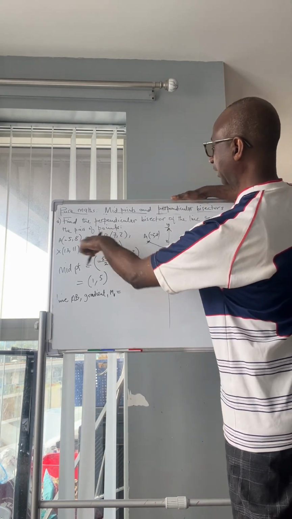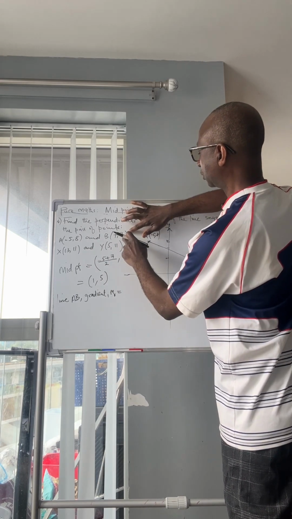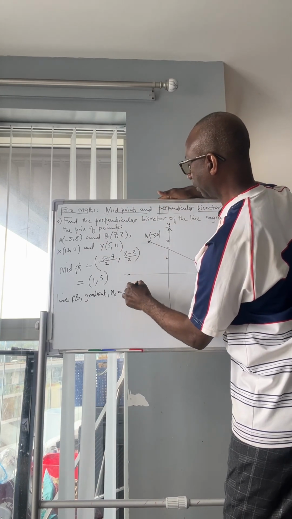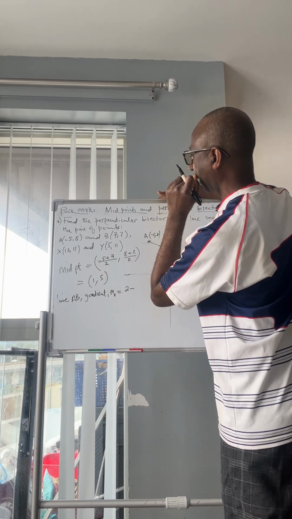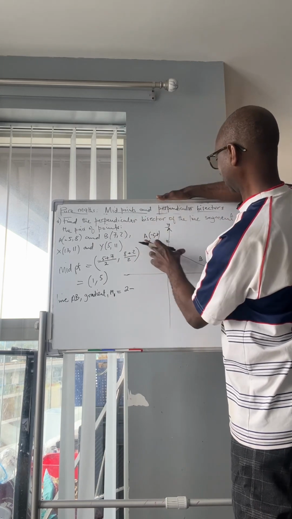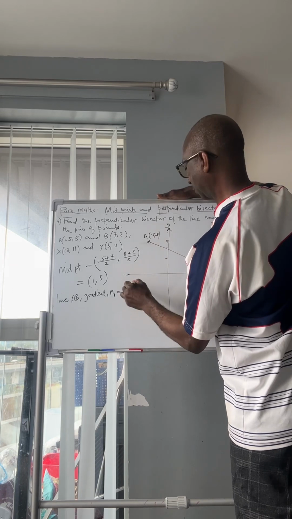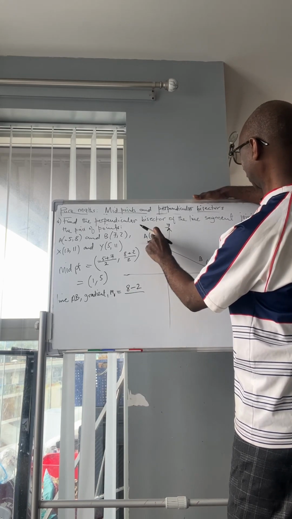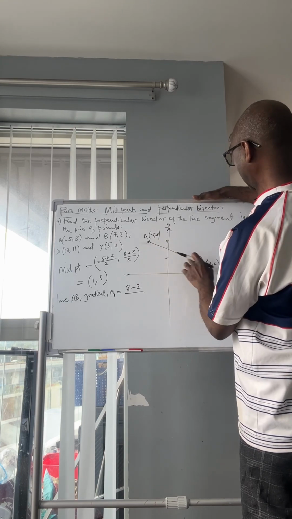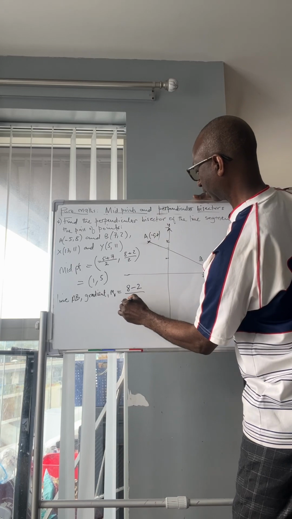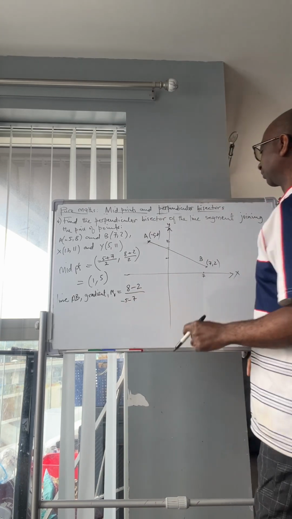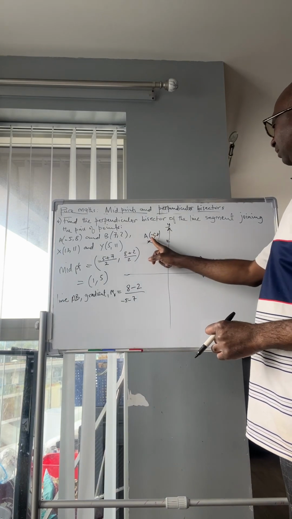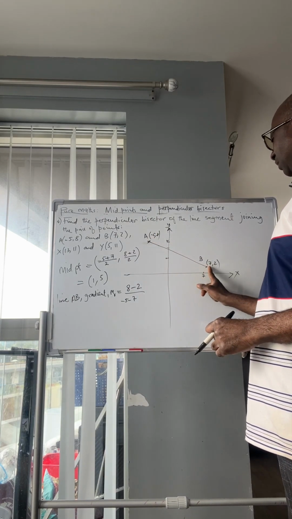Going from B, the rise is 8 minus 2, and the run on the x-axis is -5 minus 7.